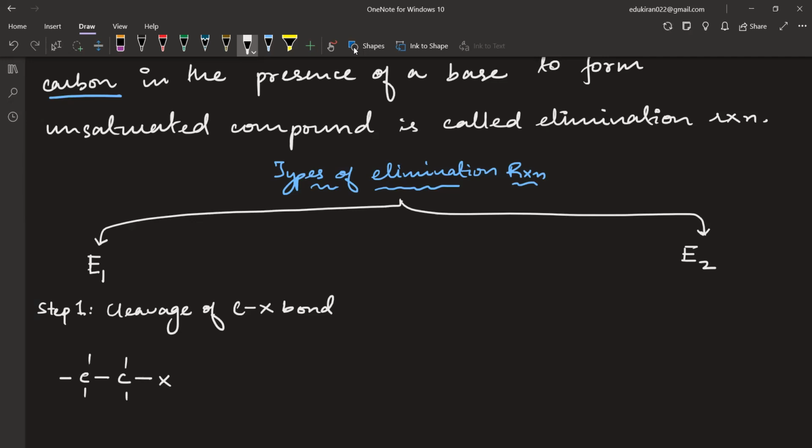Here you have X and here you have hydrogen. Whenever the C-X bond will break, the halogen atom will take the electron because it is more electronegative, and you will be getting C positive. So again, what are you getting? You're getting a carbocation. And whenever you get a carbocation, there is a chance of rearrangement.